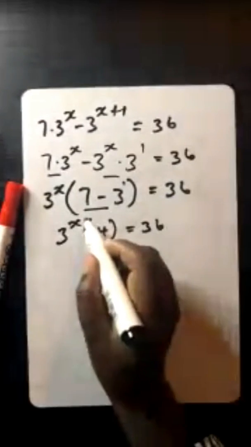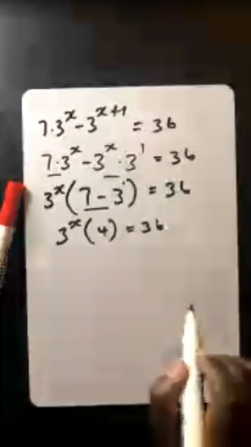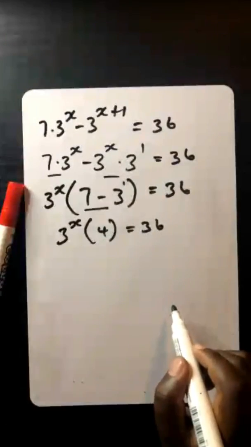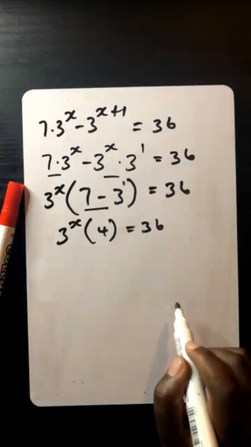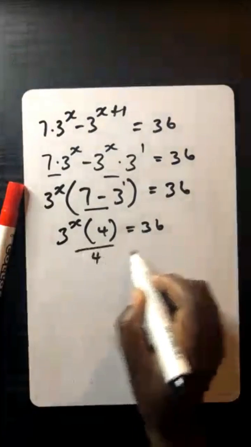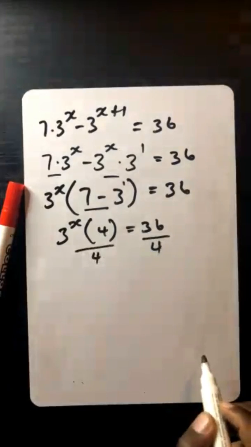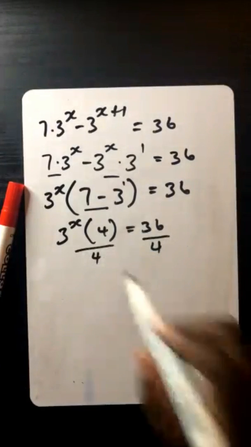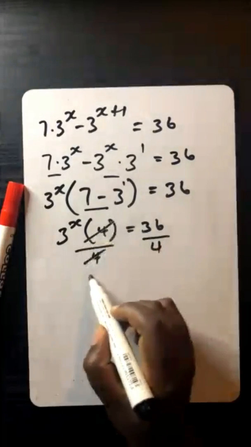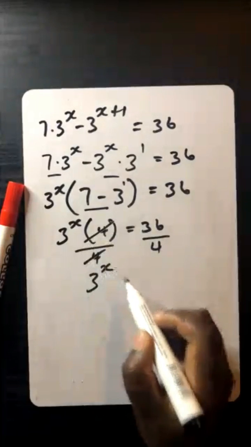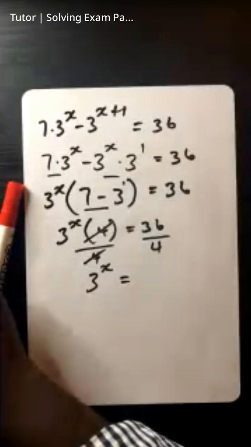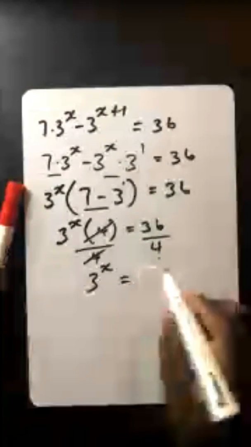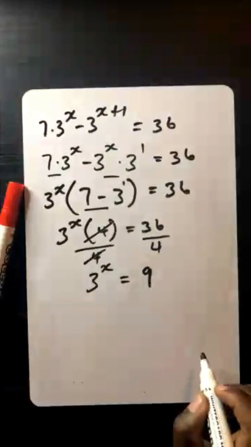Remember, we need to remove everything attached to that value that has x, which means we can divide by 4 on both sides. Why did we have to divide by 4? We wanted that to cancel so that we remain with 3 to the exponent x. So 36 divided by 4, that's equal to 9.